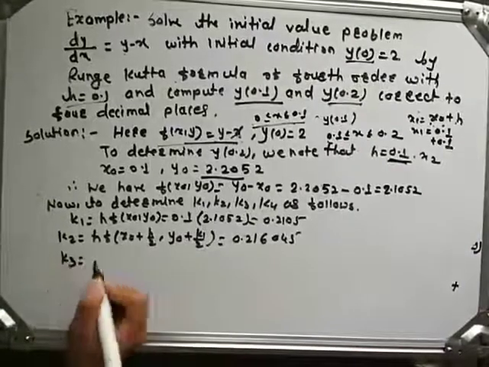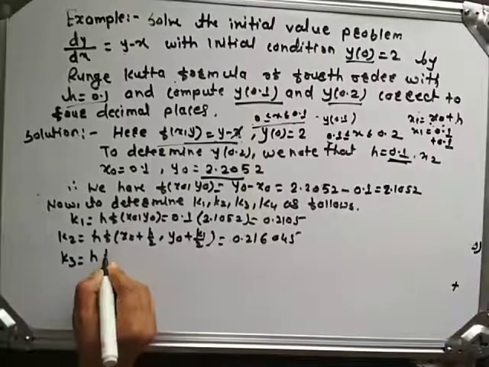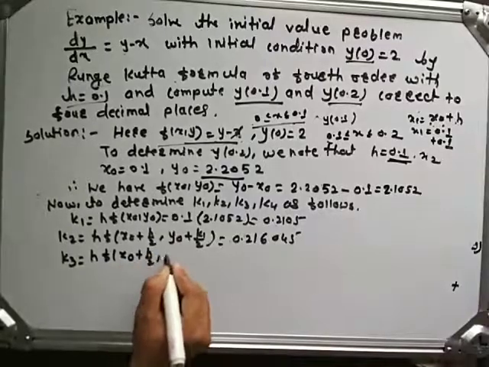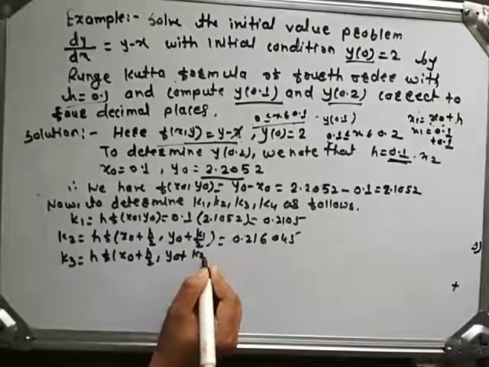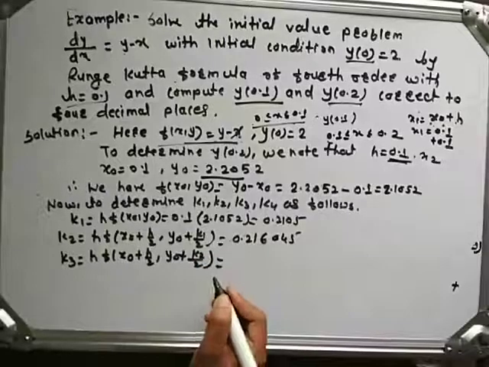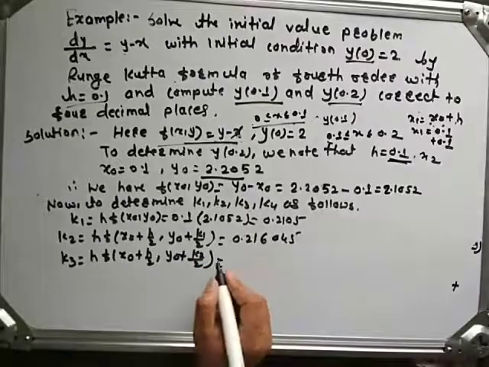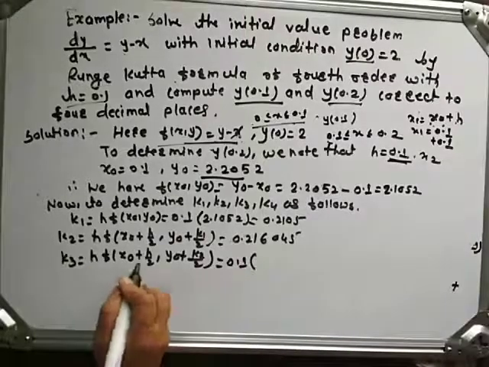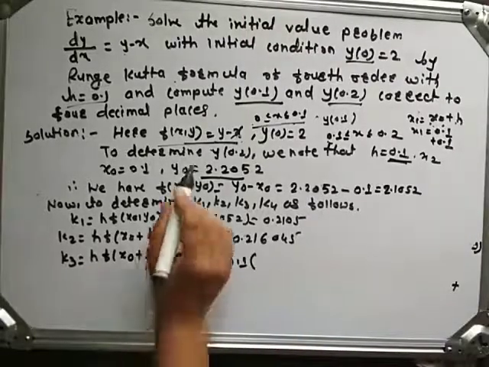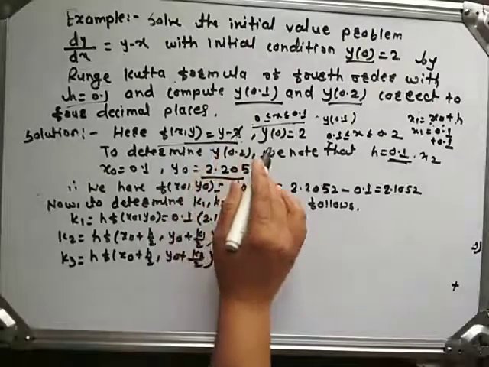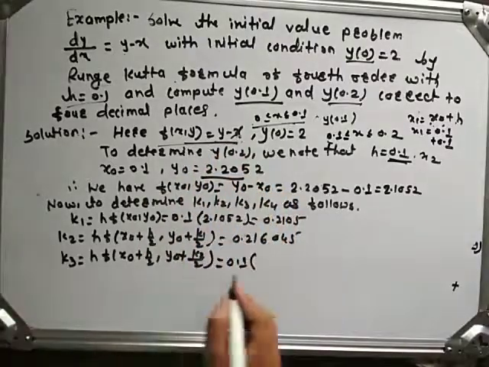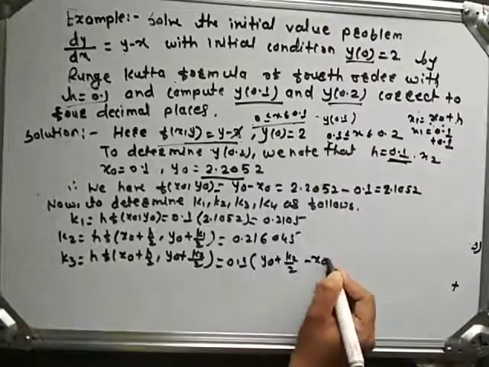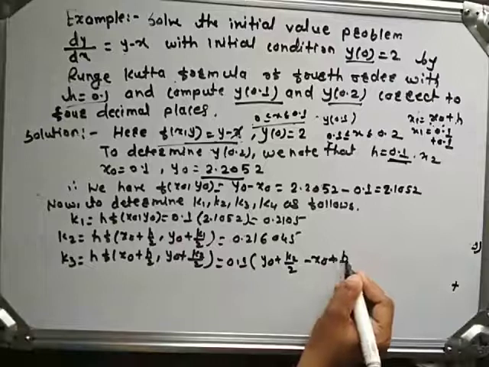Now find out k3. K3 is h into f of x0 plus h by 2 comma y0 plus k2 upon 2. So h is 0.1 into y0 plus k2 upon 2 minus x0 minus h by 2.